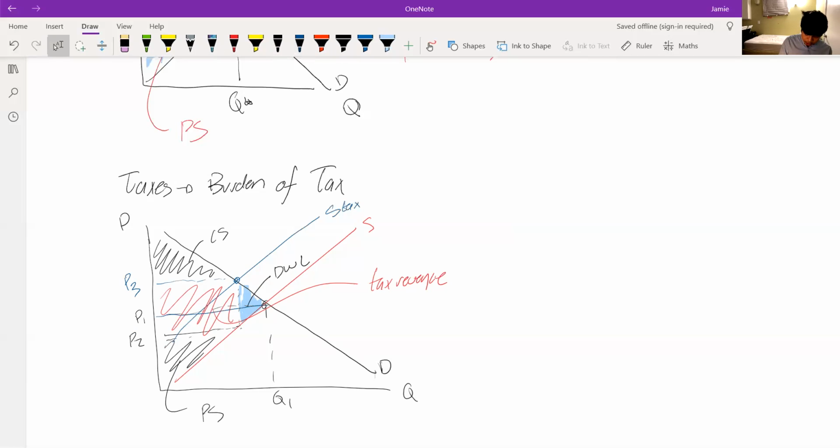But in our case here, to find the burden of the tax, you go to your old equilibrium point here. It's called A, this is B. You translate that point onto the y-axis, so prices, and you essentially split that tax revenue into two portions. The upper portion here, let me use red here, that is going to be consumer burden.